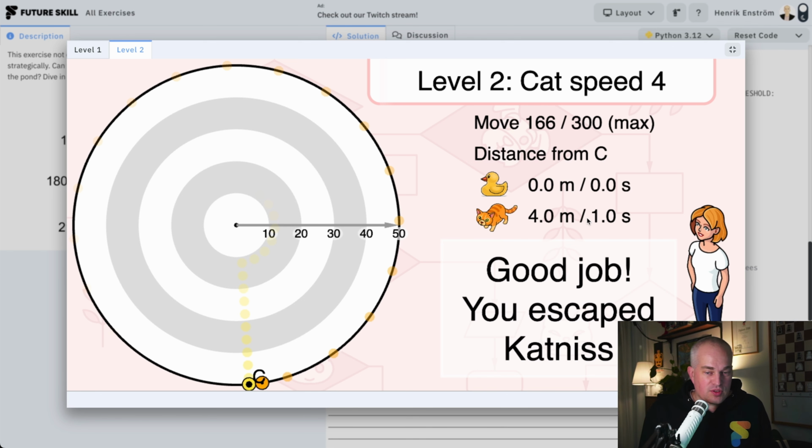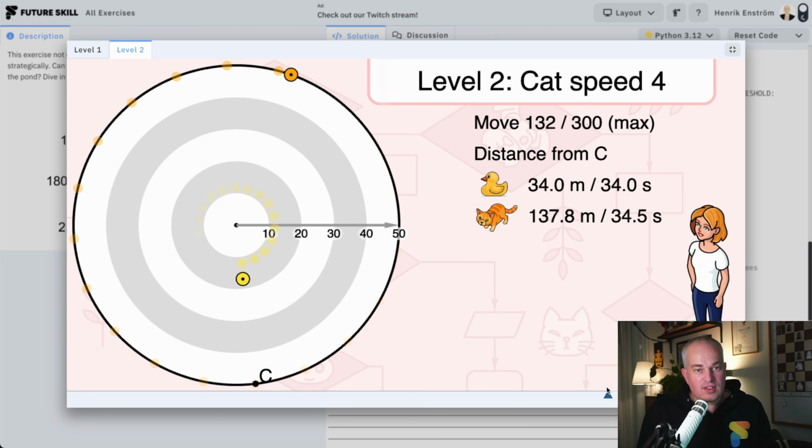But if we think this was a lucky stroke and we want to beat Katniss by more, I mean, 1 second is logical, because if you look here when we start to leave stage 2 and go into stage 3, here the difference is, yeah, it's actually increasing here. So now the difference for us is 37 seconds, and with the cat is 37.3. I can't fully explain why it grows to... Aha.